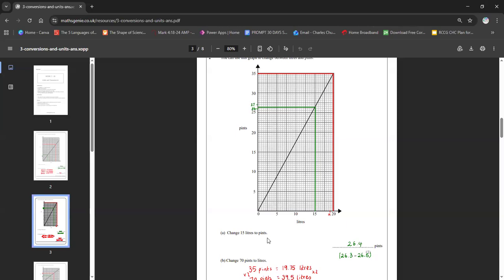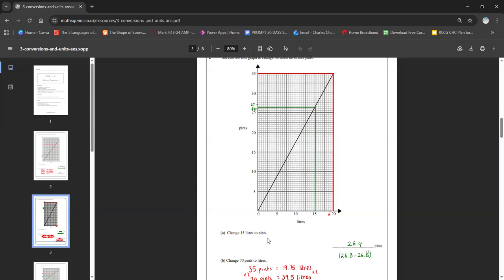So I know that each gap is 0.5. What I could do is go to the end, which is 20, and follow up the red line, and then I can see that's around 20 there.